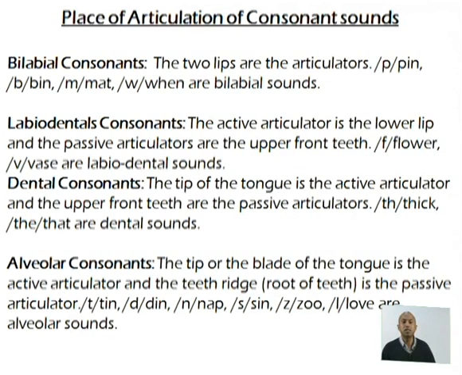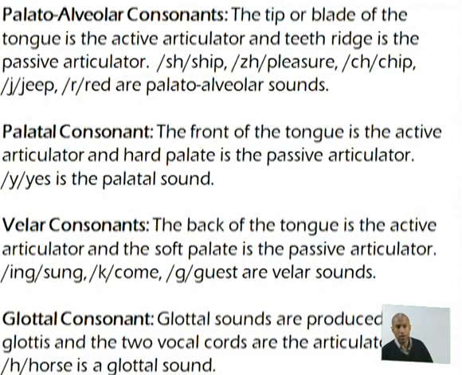Alveolar, we have t, d, n, s, z, l. We have palato-alveolar, which is sh, j, ch, j, r. Okay, yes, and we have y as a palatal consonant. We have velars as ng, k, g, yes, and glottal as h.